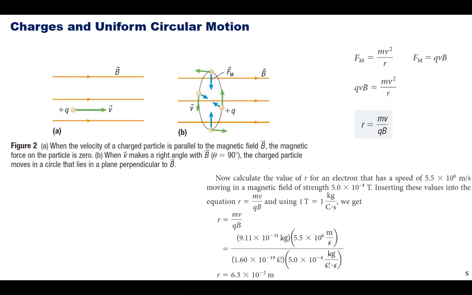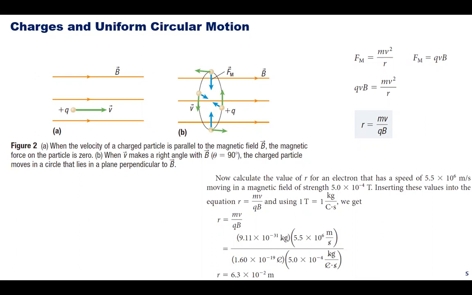So in this case, because the angle theta between V and B is 0, the magnetic force in this case is also 0. If a charged particle has a velocity parallel to the magnetic field B, then the magnetic force on the particle is 0.